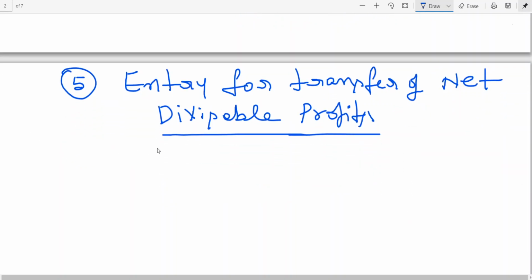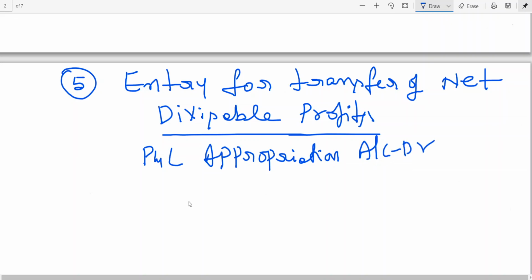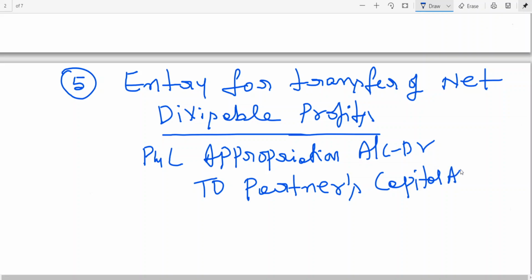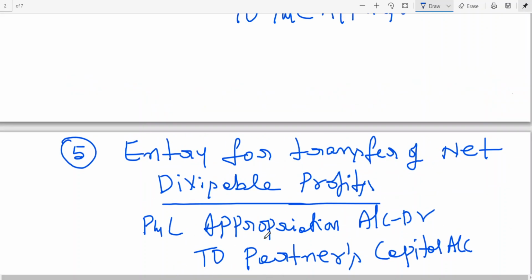Tell me here. P&L appropriation account debit, to partners capital accounts, according to their profit sharing ratio. So these are the things you have learned.